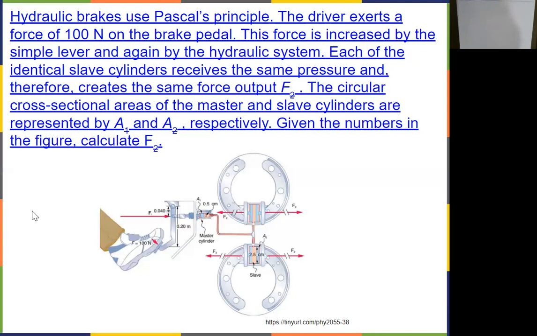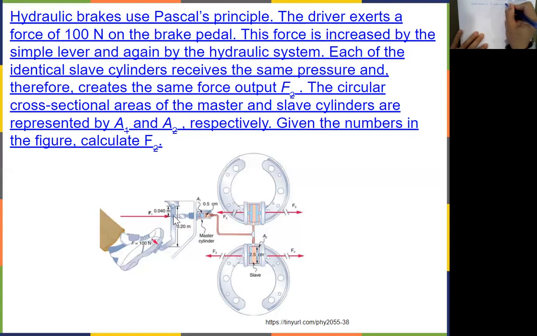So let's take a look here. There's a lever here. If you apply 100 newtons of force here, this is not exactly horizontal, but let's take an approximation that it is horizontal. The lever arm is 0.2, so you'll be doing 100 newtons times the lever arm of 0.2 meters equals the first output force F1 times 0.040 meters, right?